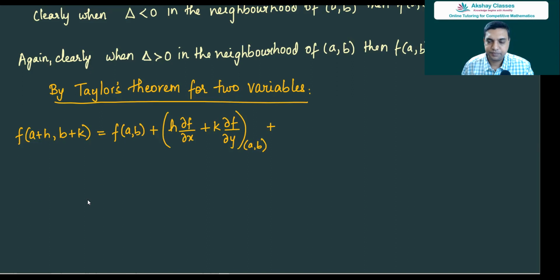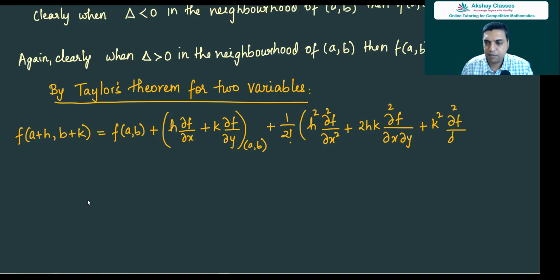Plus 1 by 2 factorial, h square dou square f by dou x square plus 2hk dou square f by dou x dou y plus k square dou square f by dou y square at a comma b, plus so on. These three terms are sufficient.